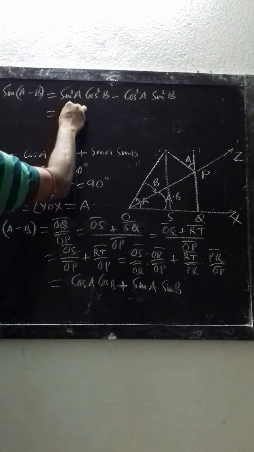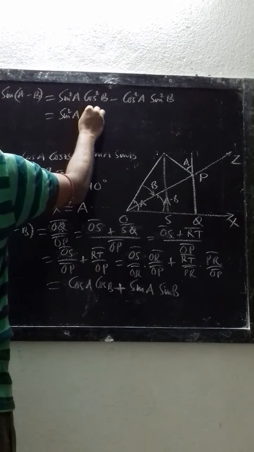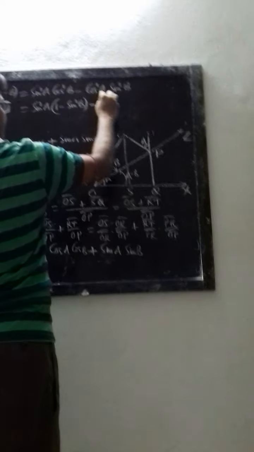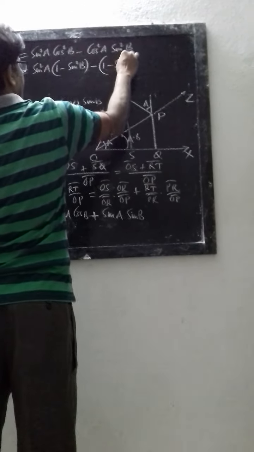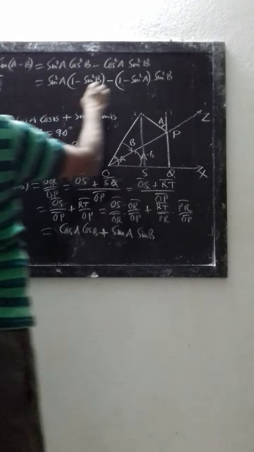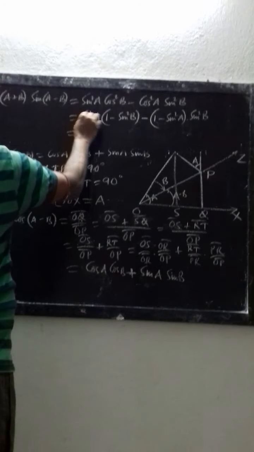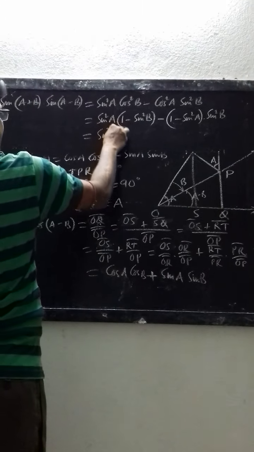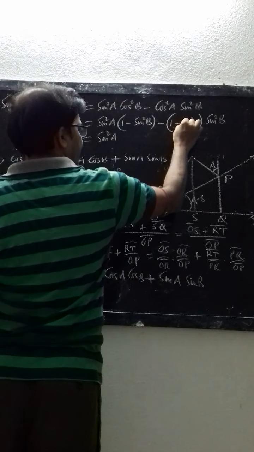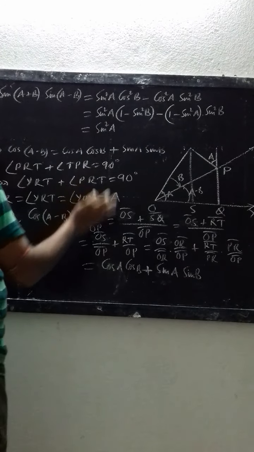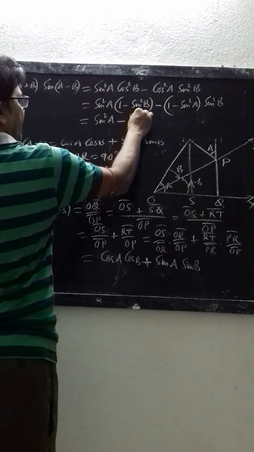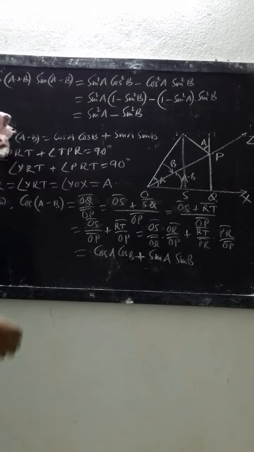Sin²A fixed, cos²B equal to 1 minus sin²B. And cos²A equal to 1 minus sin²A and sin²B fixed. And simplification করলে sin²A minus sin²A sin²B minus sin²B plus sin²A sin²B. Sin²A sin²B eliminate হয়ে যাবে, তো sin²A minus sin²B.